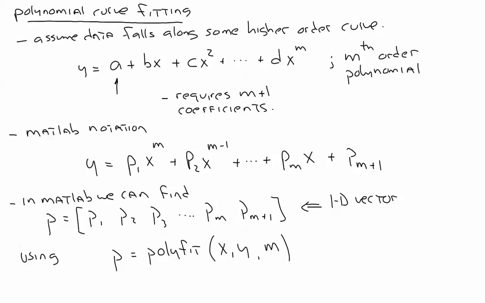This 1D vector has m plus 1 values. M is the order of my polynomial.